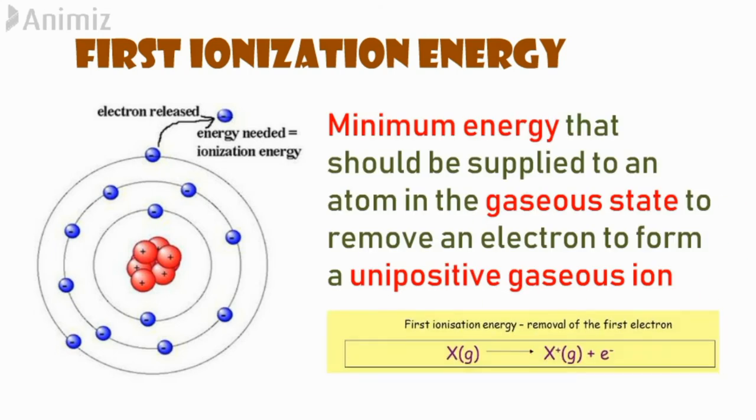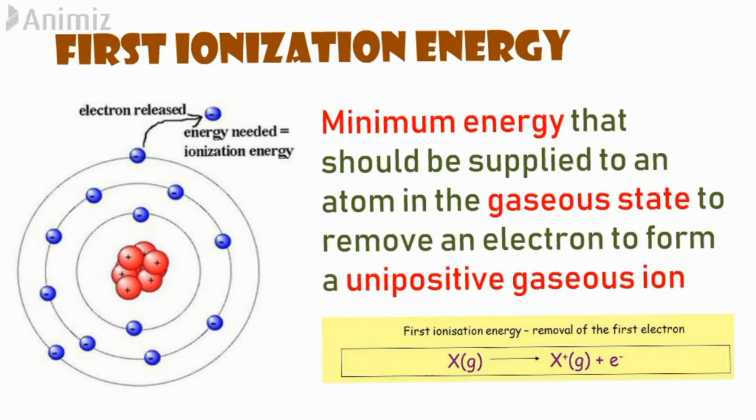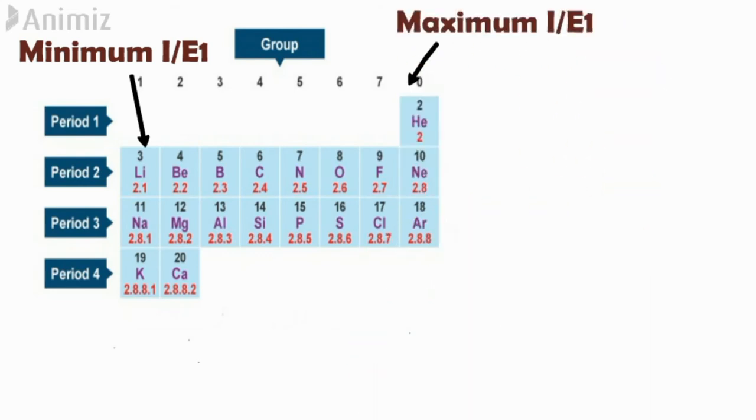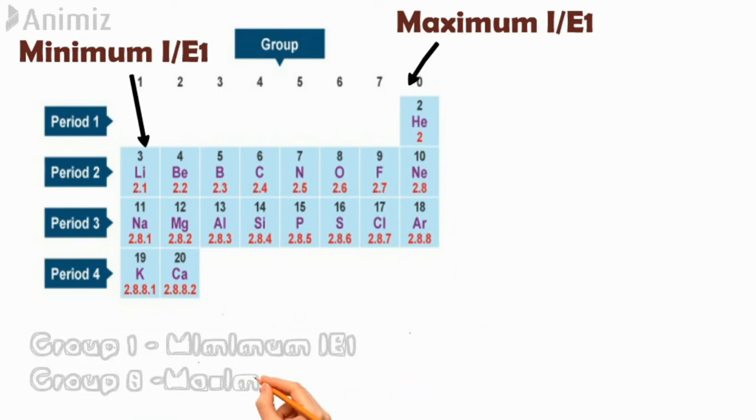This is the minimum energy that is required for an atom in the gaseous state to remove an electron to form a unipositive gaseous ion. This can be seen clearly in the diagram. So if we consider this property through the periodic table, in a given period, the group 1 elements will have the minimum first ionization energy and the group 8 elements will have the maximum ionization energy.